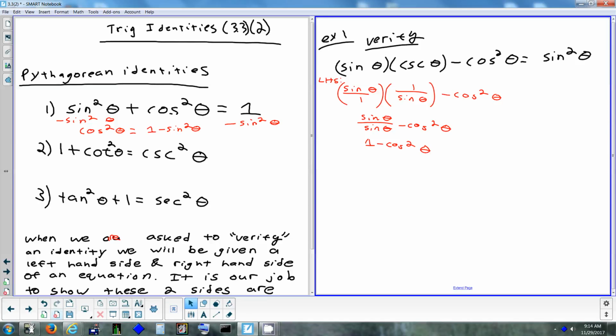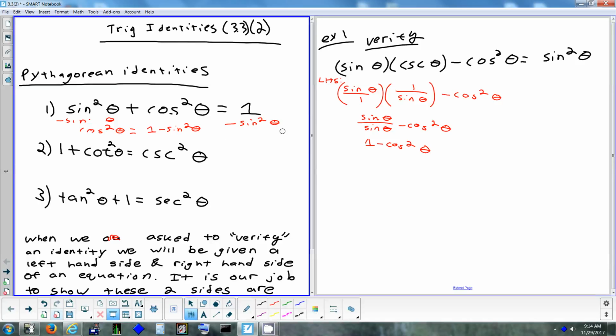Does anybody recognize 1 minus cosine squared as having something to do with one of the Pythagorean identities? Okay, it's number 1, but is it written exactly the way I wrote number 1? No, it's a rearrangement of identity number 1. So if you take identity number 1 and subtract cosine squared from each side, look what you get.